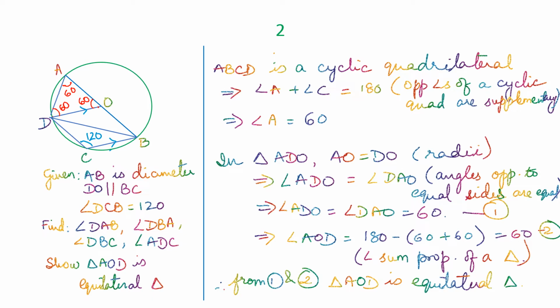Angle ADO is equal to angle DAO is equal to 60 degrees. And therefore, the last angle, that is angle AOD, is equal to 60 degrees, which will imply that triangle AOD is an equilateral triangle. This is what you have in the last bit that you have to prove.